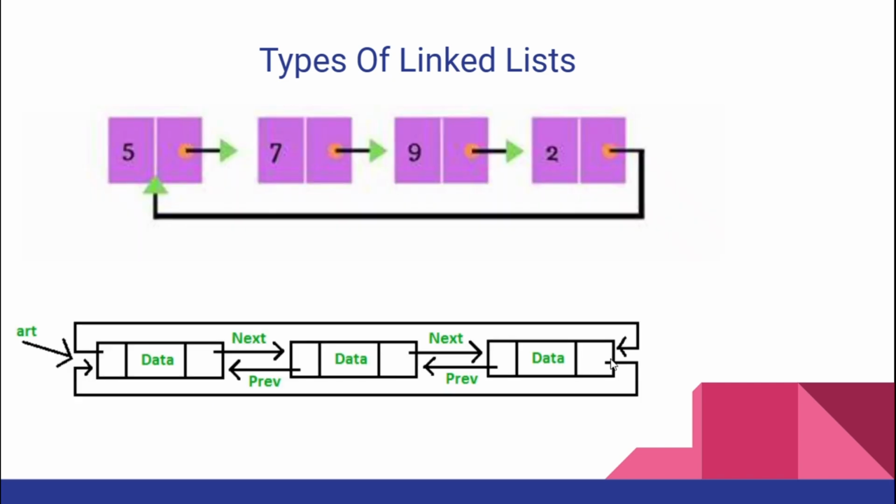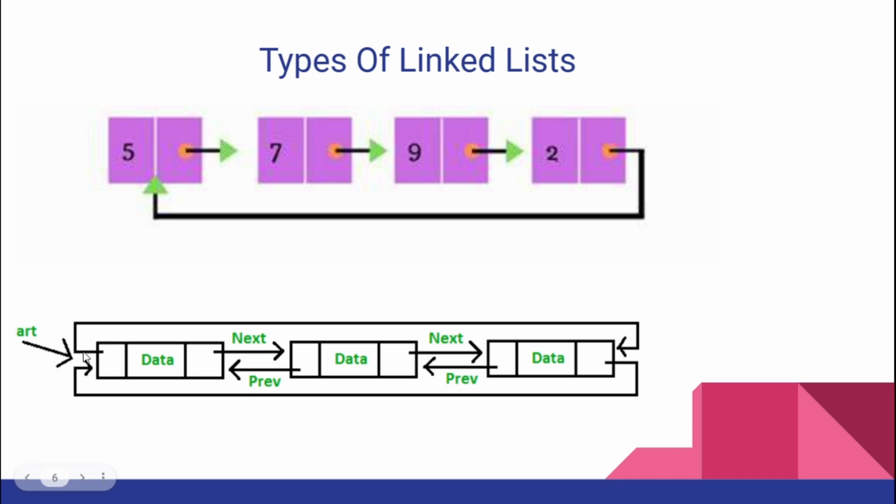So next up we have the circular linked list. You can see in the circular linked list, there is no null. It just repeats itself like an infinite loop. It repeats itself, there is no null. This is the doubly circular linked list, and in this one there are two pointers, the next and the previous, and that same pattern.